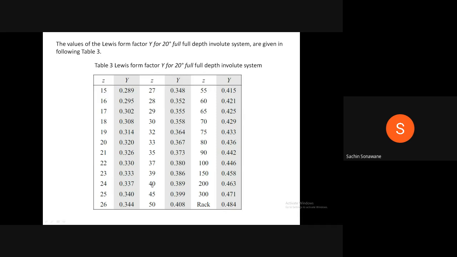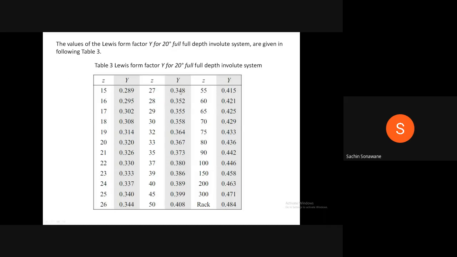For 40 teeth, the Lewis form factor is 0.389. For 50 teeth, 0.408. For 70 teeth, 0.429. For 100 teeth, 0.446. And for the rack, which has infinite pitch circle diameter, the Lewis form factor is 0.484.